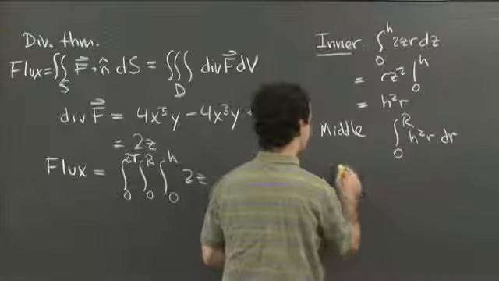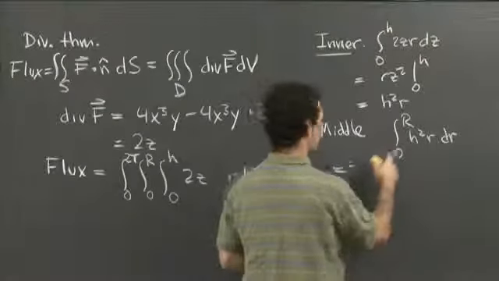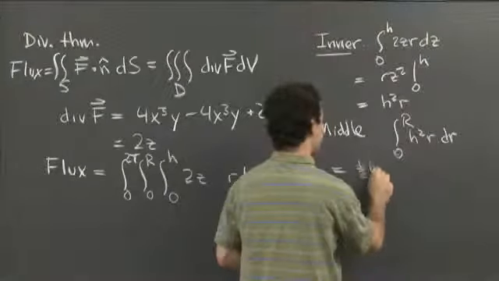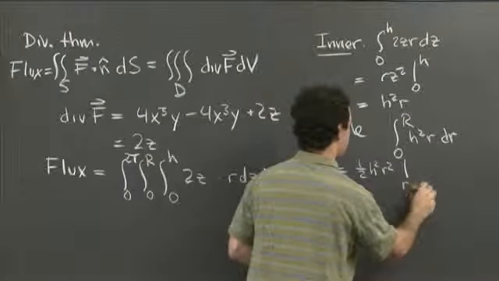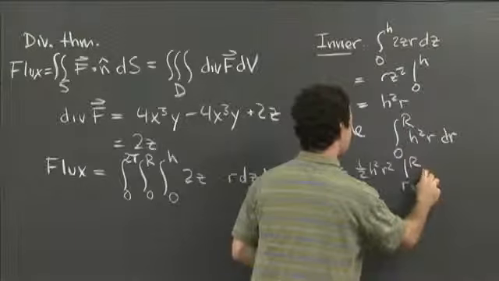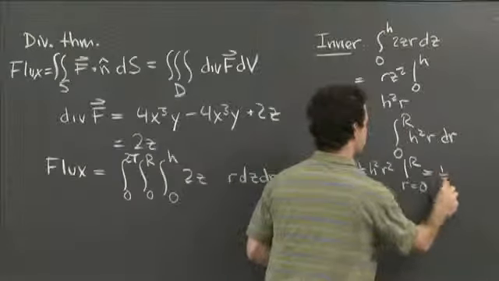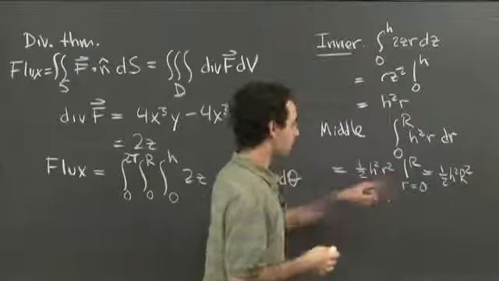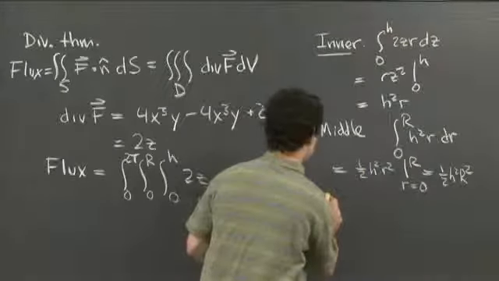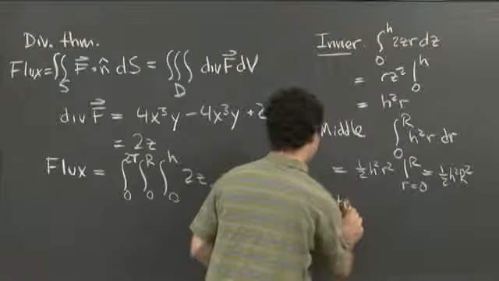And that's not that bad either. h is just a constant, so this is equal to 1/2 h squared r squared from r equals 0 to big R. And so that's 1/2 h squared big R squared. That's the middle integral.